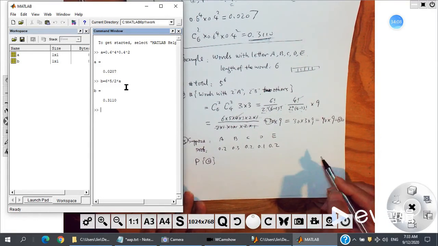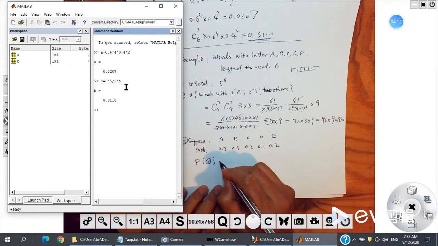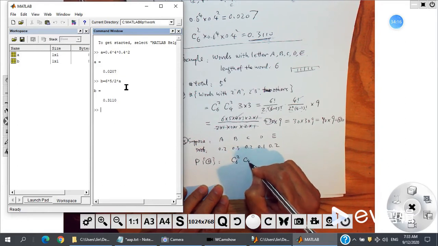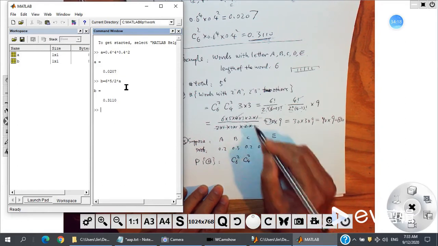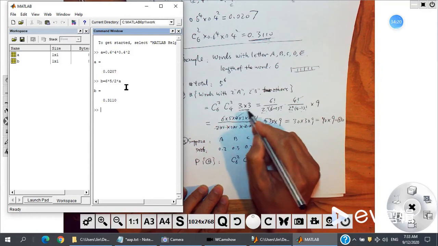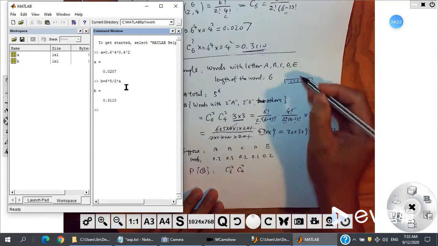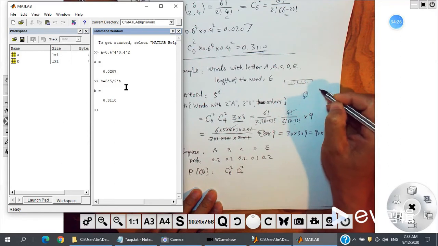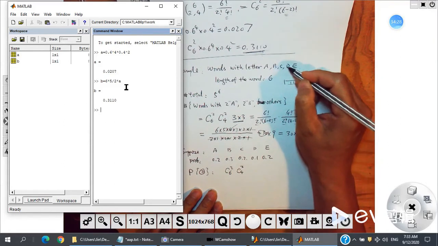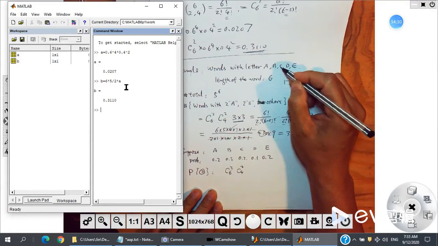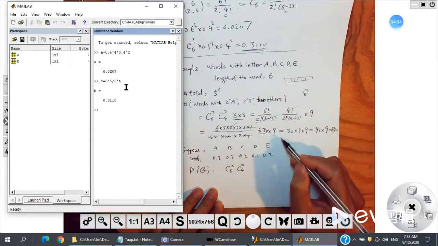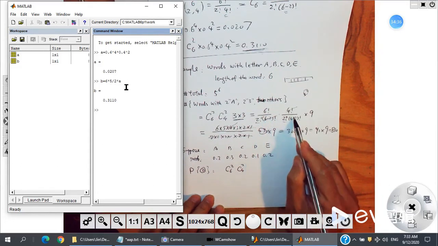Okay, here we have 6 choose 2, 6 choose 4, and here we have 9 different choices. Here it's 3 squared, right? You will choose 2 from these, but each of them has a different probability.